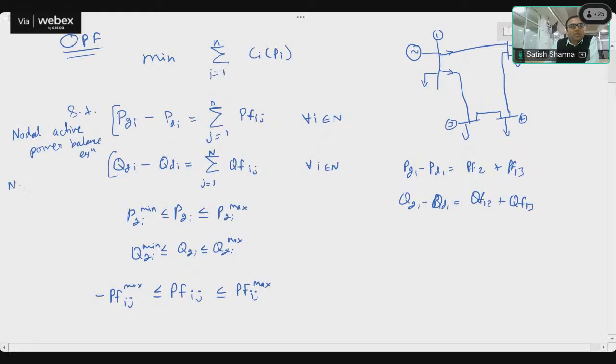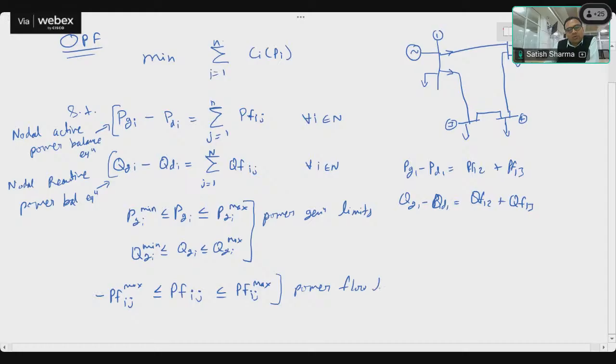This is again a nodal reactive power balance equation. These two are the nodal power balance equations, and these two are the power generation limits. And this is our power flow limits.